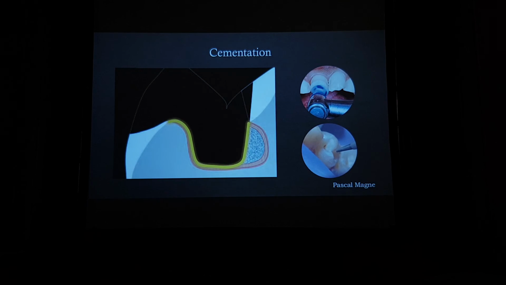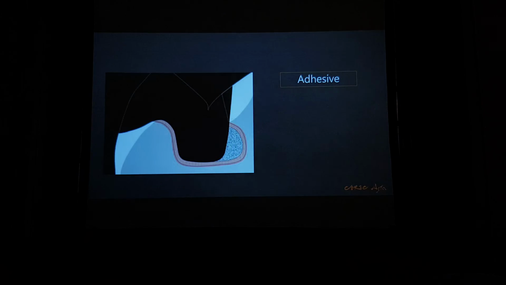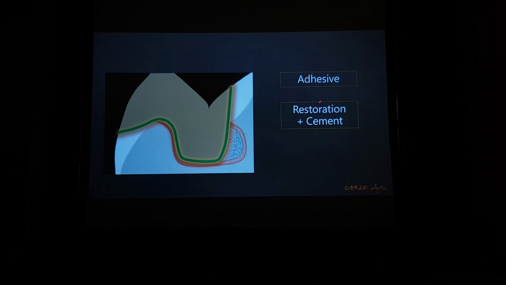But if you deliver the restoration after 1 week or 2 weeks, you should use sandblasting to make some mechanical bonding. And do the selective etching of enamel and apply the adhesive, both the IDS layer and then the enamel layer. Do the restoration and cement together and co-curing.